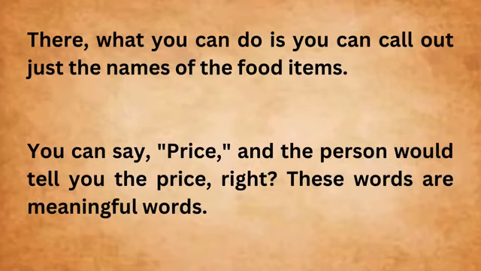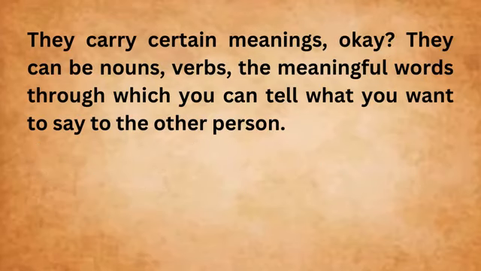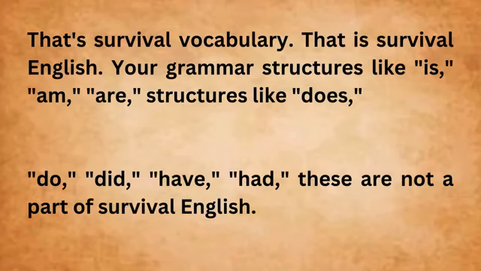There, what you can do is you can call out just the names of the food items. You can say, price, and the person would tell you the price, right? These words are meaningful words. They carry certain meanings, okay? They can be nouns, verbs, the meaningful words through which you can tell what you want to say to the other person. That's survival vocabulary.